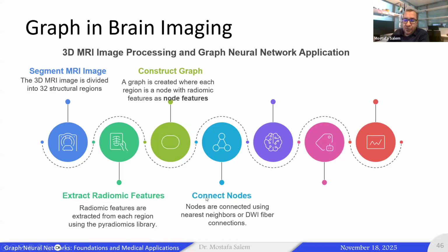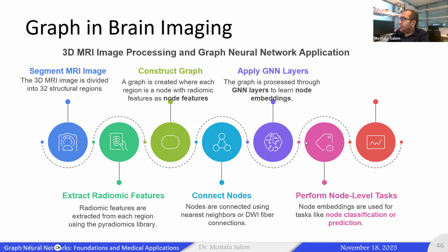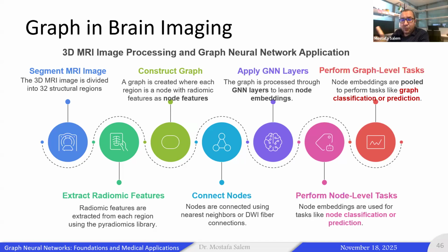Then you have to connect nodes, meaning connect regions. Each node will be connected to its nearest neighbor region. After that, you have a graph. You pass the graph to GNN layers to learn embeddings for each node, and then you can use node embeddings to do whatever you want at the node level, or you can combine all the node embeddings to have just one embedding for the graph and do graph-level tasks.